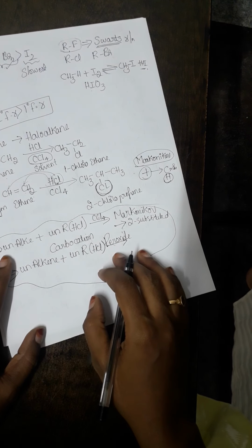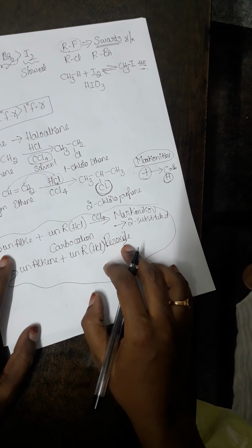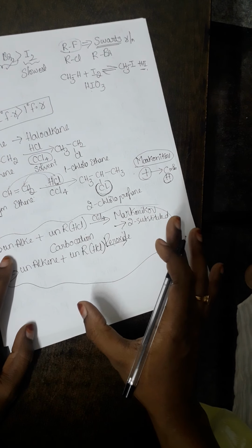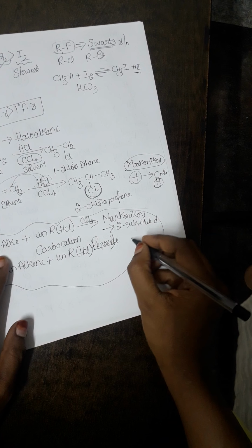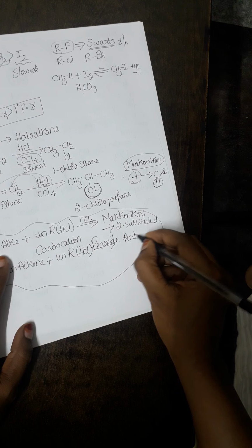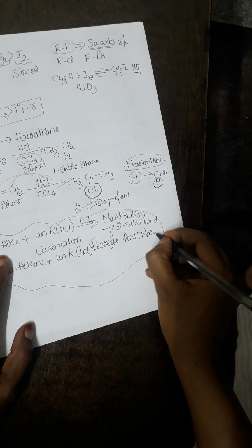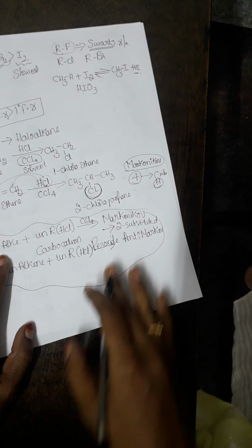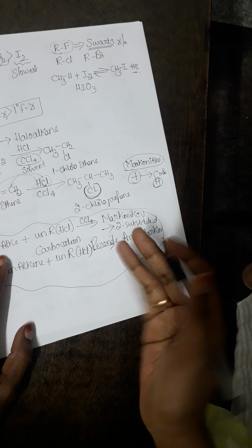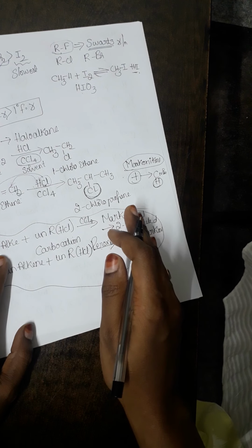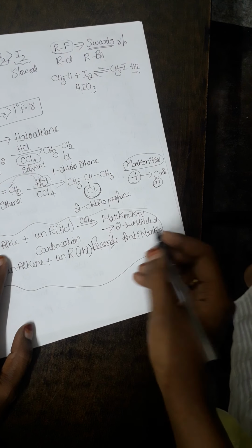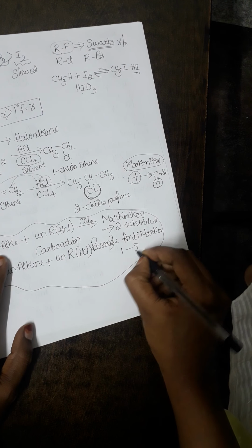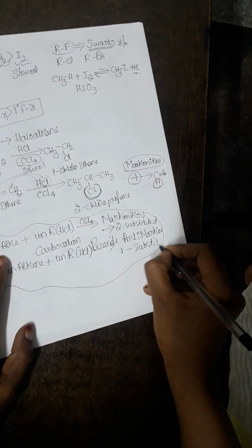So do remember, the presence of peroxide will change the entire story. What will happen here is that it will obey anti-Markovnikov addition. Got my point? So anti-Markovnikov, opposite to Markovnikov addition. Therefore here you can expect a one-substituted product as the major product.